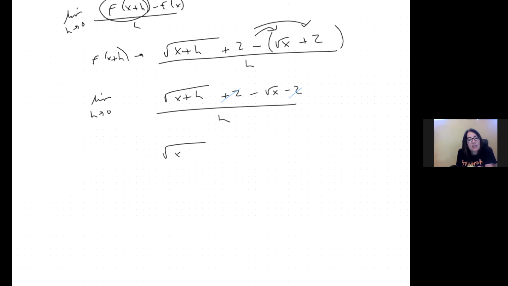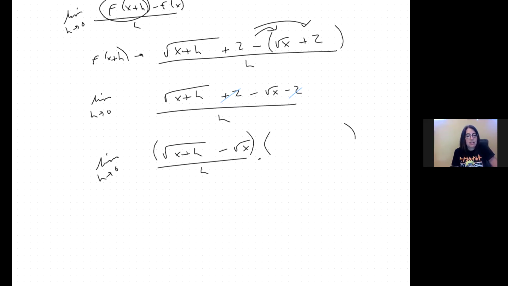Okay. So to fix this, we can't just plug in our zeros because we'd have 0 in the denominator. So we are going to multiply by the conjugate, which means we take this root, and instead of minus, we're going to multiply it by the plus. And if we do it to the top, we have to do it to the bottom.